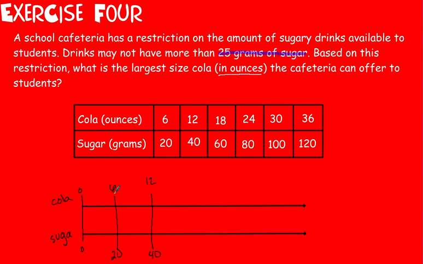Since we're looking at 25 grams of sugar, and I'm at 20 here, do I need to go any further on my number line? In this case, I don't. So now I know that I have 25 grams of sugar. So it's going to be right about here. And I want to figure out what this would be.